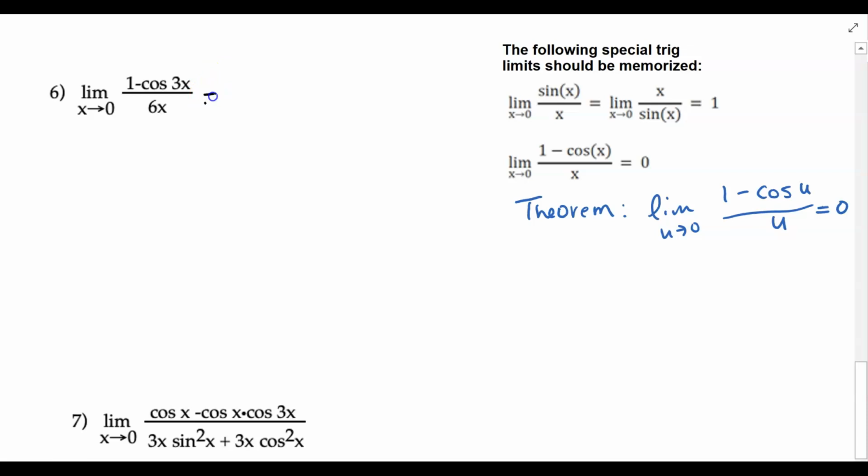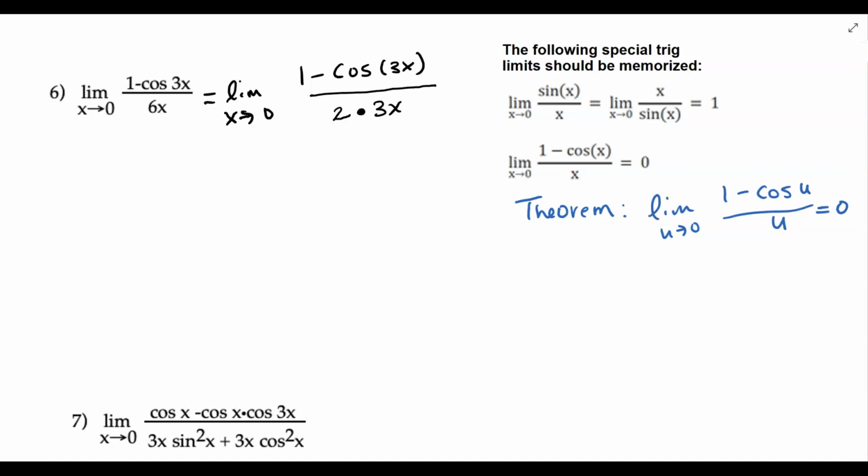So I'm going to rewrite this, making use of the fact that there is actually a 3 there, but it's just being multiplied by a 2. So let's take a look at that. I'm going to get 2 times 3x, and I get my 6x if you work backward.